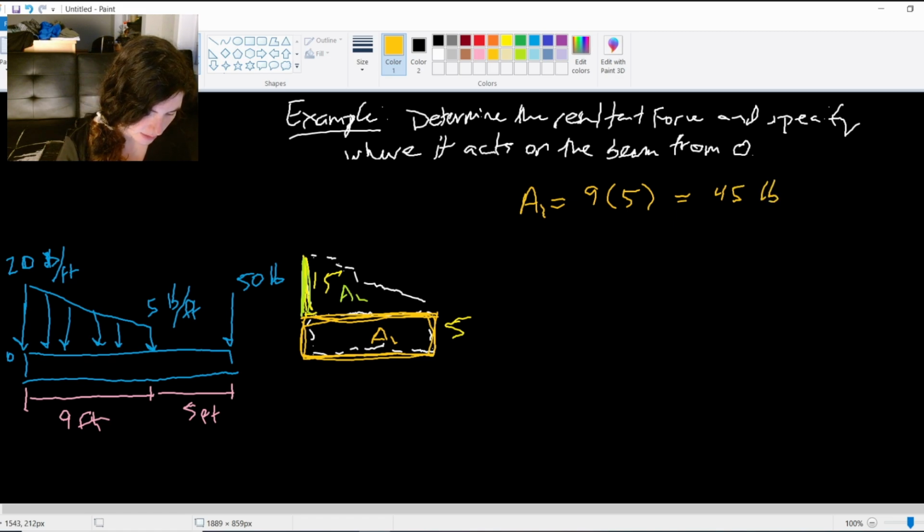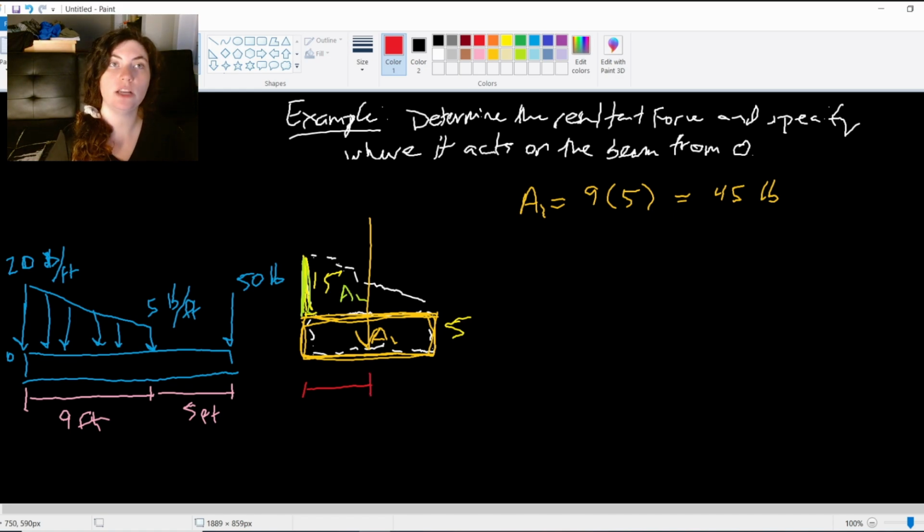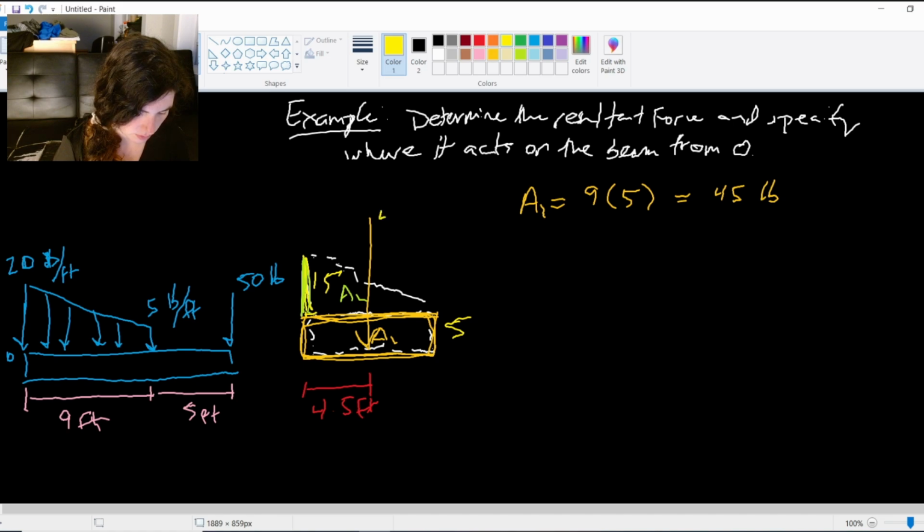And it is acting right in the center, right? It's acting halfway in the middle of that shape. And that's what we expect for a rectangle, the center of the rectangle to be exactly halfway between each side. So this distance is 4.5 feet, right, for this 45 pounds.